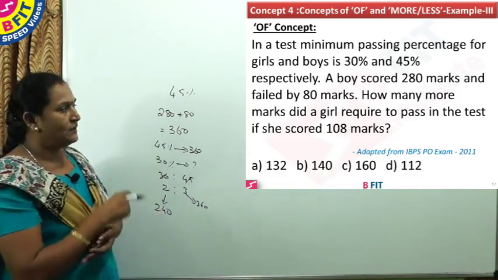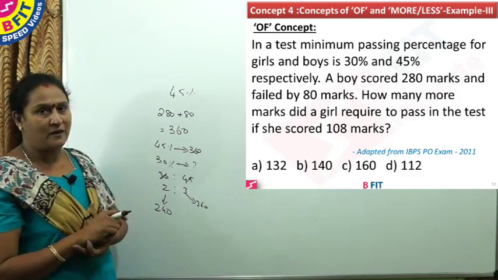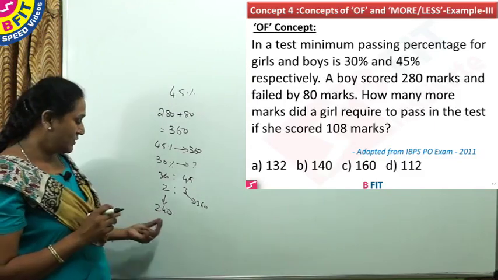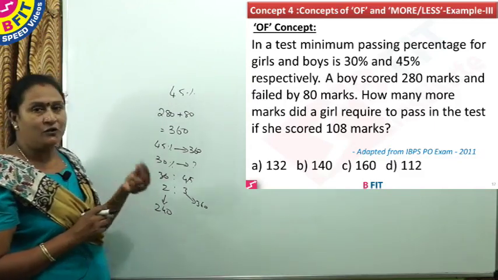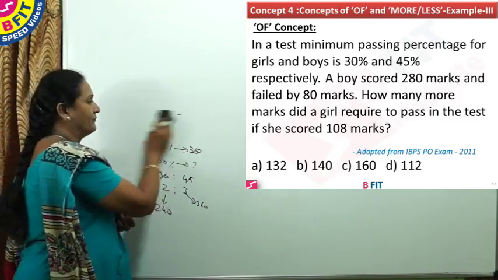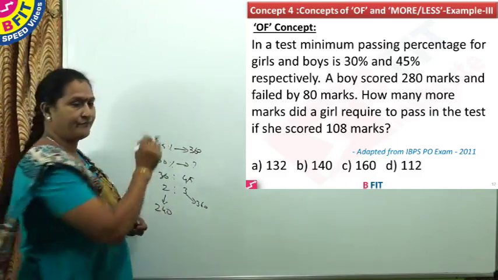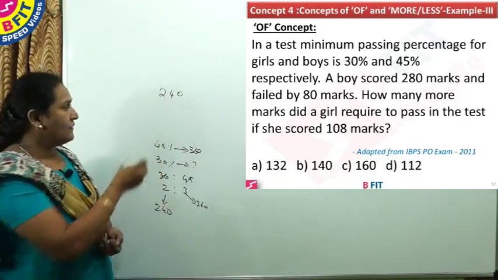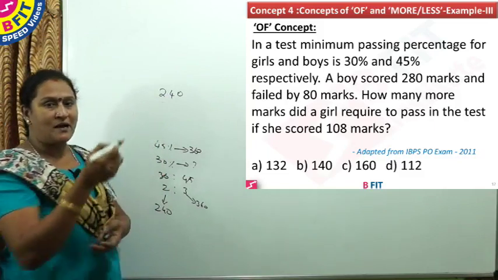So here the girl has scored how many marks? 108 marks. So how many more marks does she require to pass the exam? She needs 240. So subtract 108 from 240. So 240 is 30% of the total, which is the mark required by a girl to pass the exam.